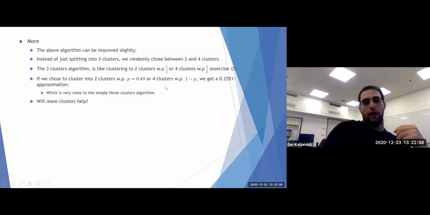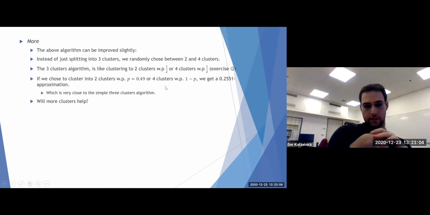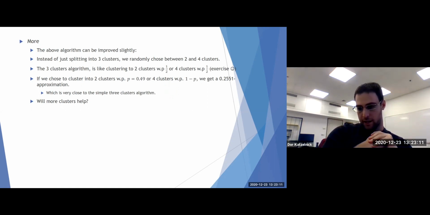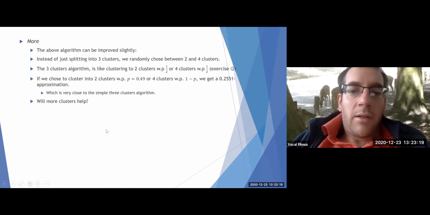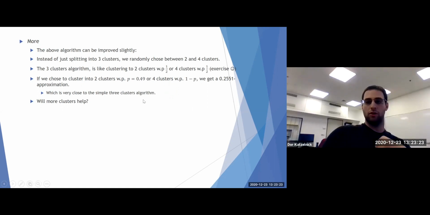And then you can ask, maybe if you can have more clusters, maybe you can have 5 or 6 or 7 and so on, if this will be beneficial for the approximation factor. And the answer is not clear, but is probably no, not with this technique. So this is all for max-core, or for max-k-core? So this algorithm is good for max-core.